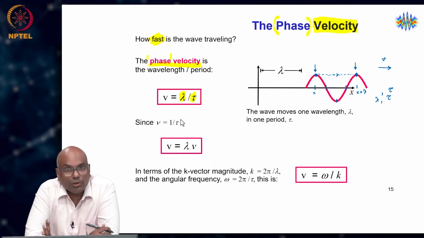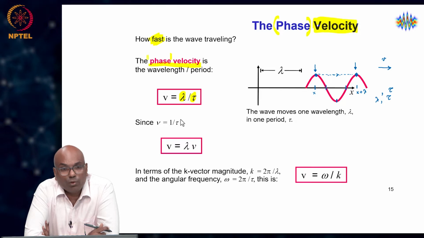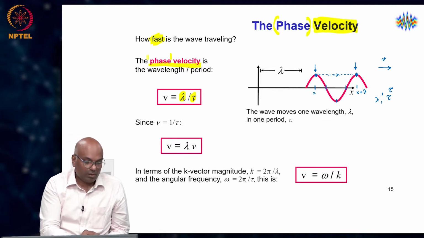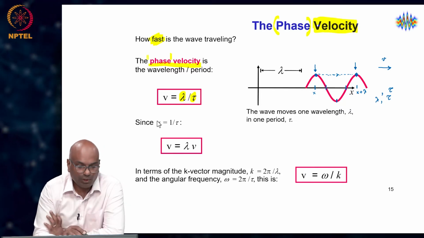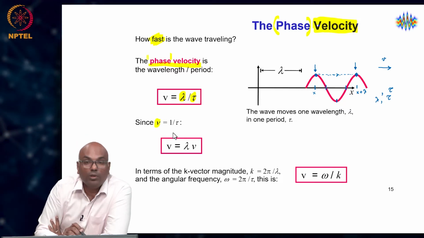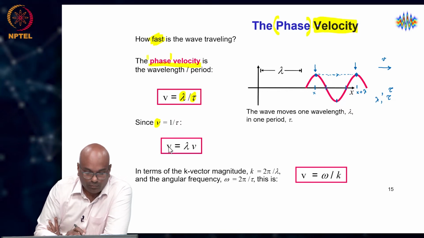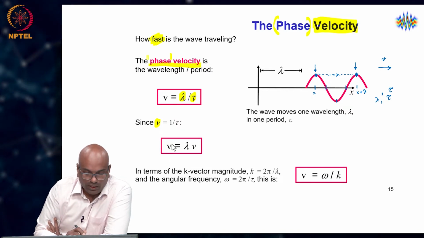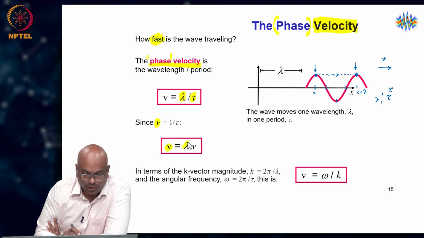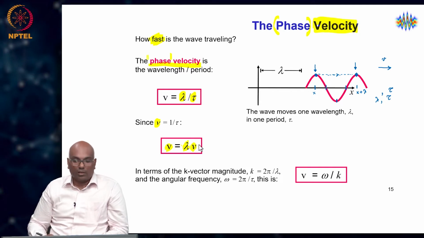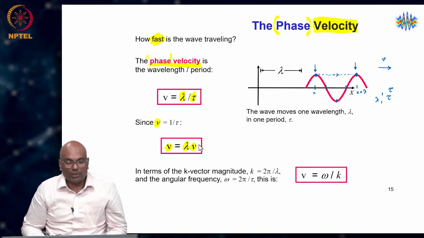Now, we can also use the notion of frequency, which we have just developed from the temporal periodicity of the wave, that is nu, which is equal to 1 over tau. So, v simply turns out to be the product of wavelength, which is spatial periodicity, and nu, which is the temporal frequency.